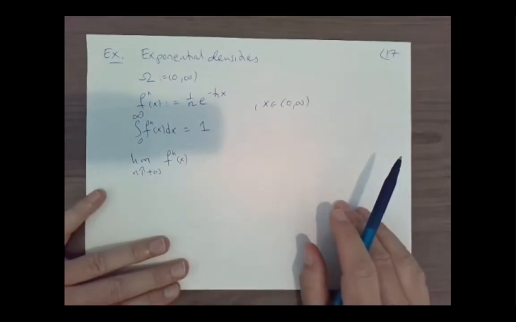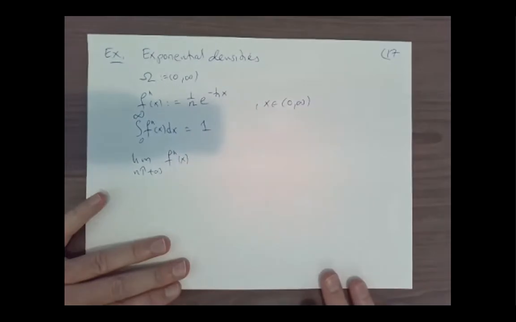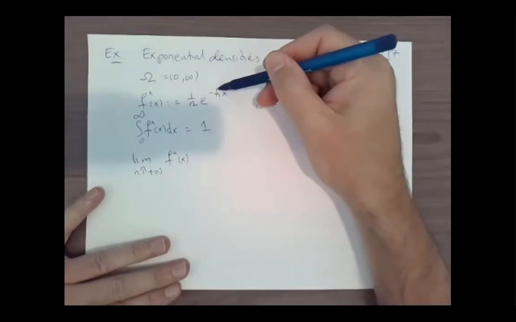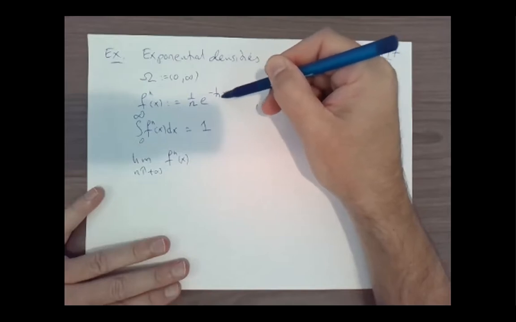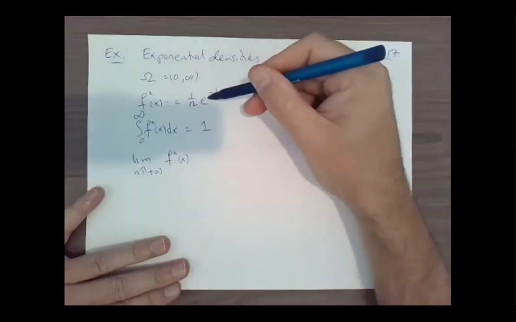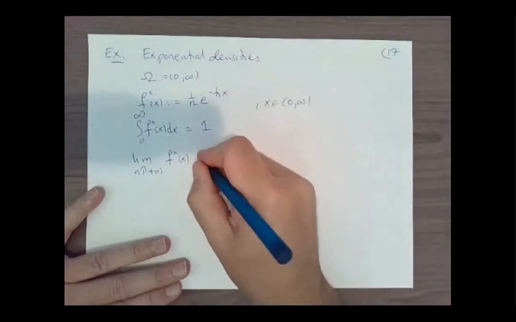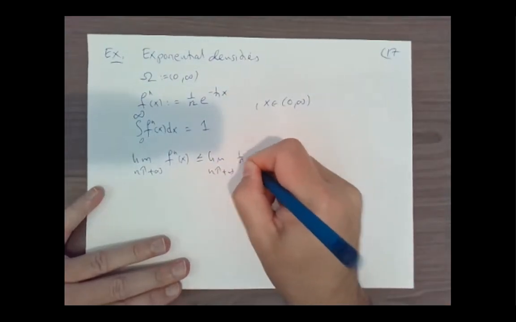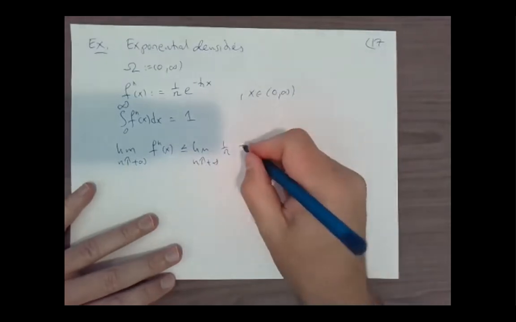Yeah, so there's a suggestion this is going to be 0, and I agree. This is 0 because the exponential component e to minus something positive, 1 over n times x is positive, right? So e to this thing is bounded by 1. So you're going to get that this is bounded by the limit as n goes to infinity of 1 over n, right? And this is equal to 0.